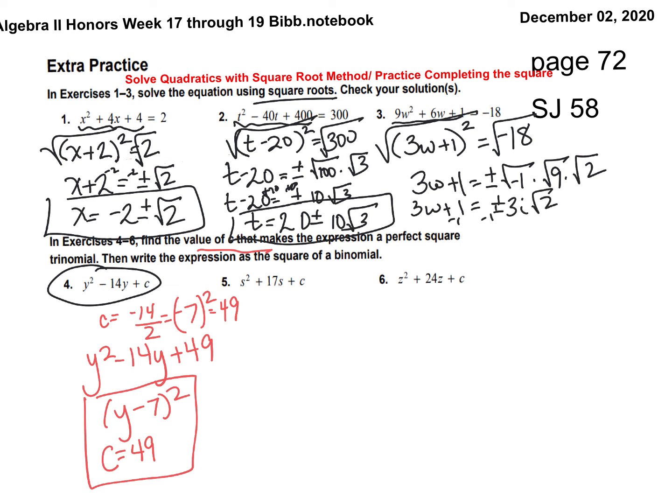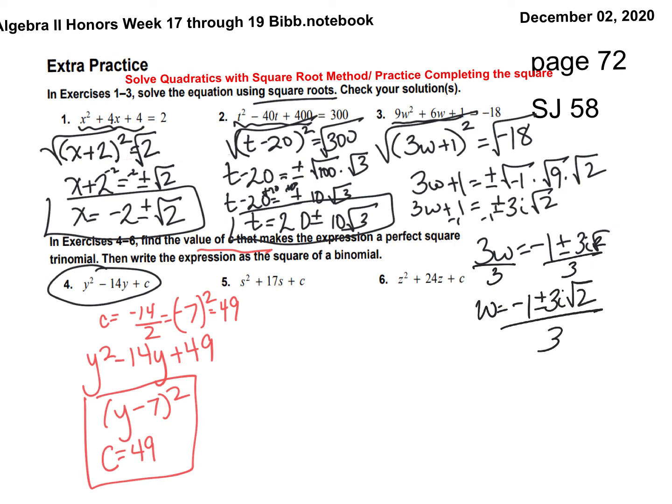Subtract 1 first. 3w will equal negative 1 plus or minus 3i square root of 2. Divide both sides by 3. w will equal negative 1 plus or minus 3i times the square root of 2, over 3.